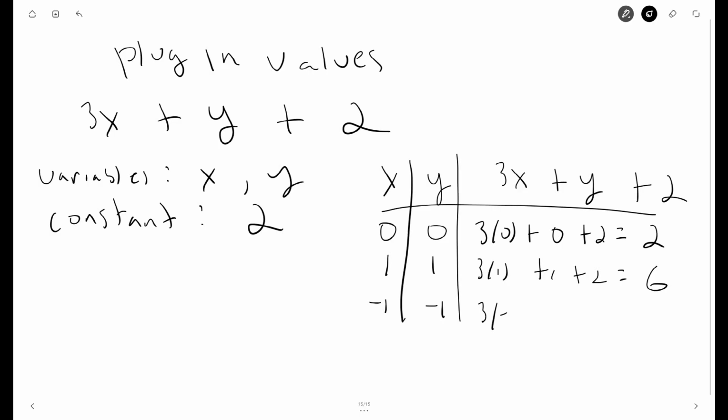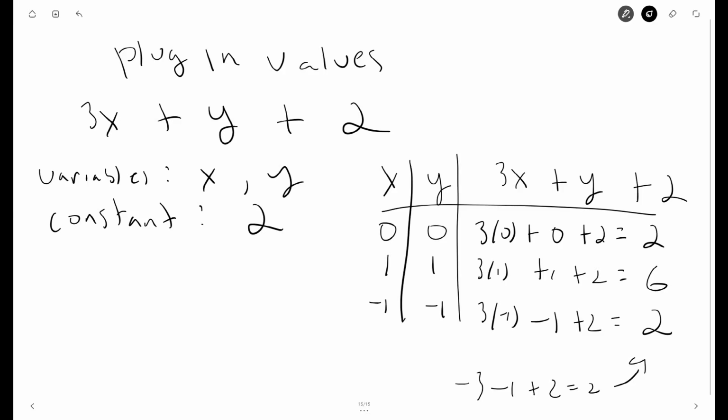Then 3 times -1 plus -1 plus 2: 3 times -1 is -3, -3 plus -1 is -4, -4 plus 2 is... Let's double check. -3 minus 1 plus 2 is -4 plus 2, which is -2.